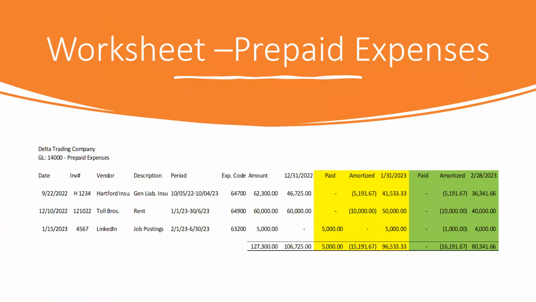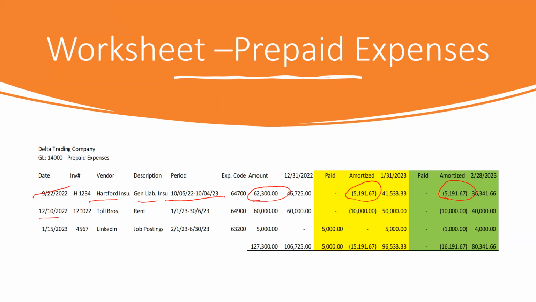This is one sample worksheet for you, just to help you understand this. Here in September, Hartford Insurance general liability was paid for October to October as the period. Total premium was $62,300, so the monthly premium would be $5,191, which has been expensed in January. This has been expensed in February and so forth, so that by October it will come to zero.